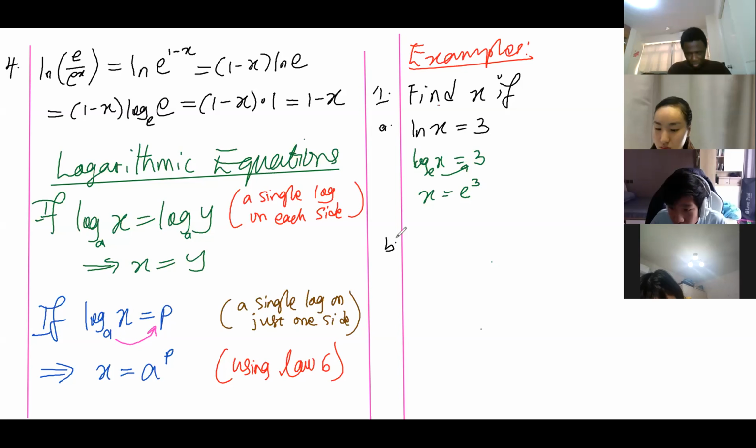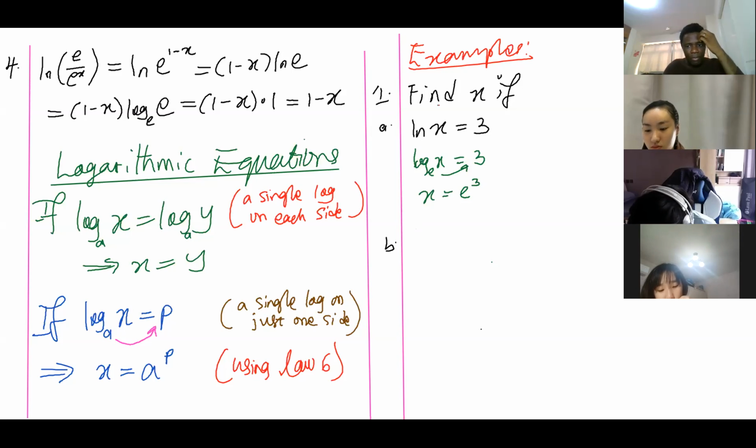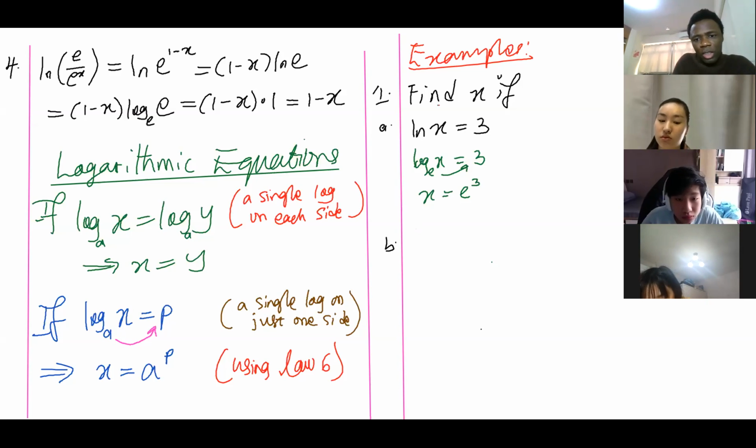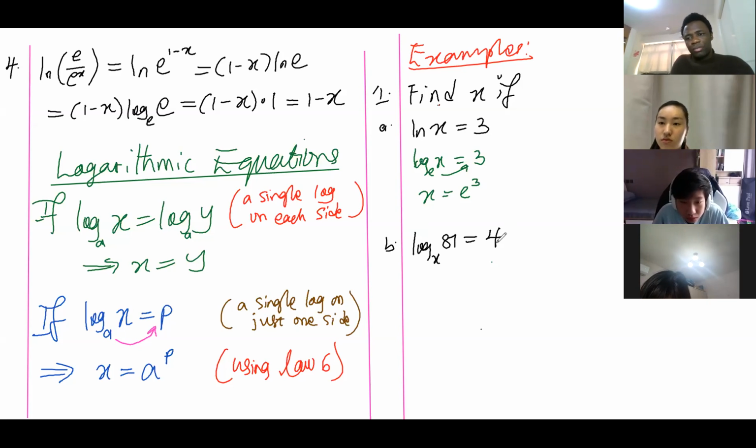So that's one. There are some that I already put in my worksheet. Log to base. Now, in this case, x is the number, not the base. I take one now where x is the base. And the question is log to base x of 81 is equal to 4. This is another question.